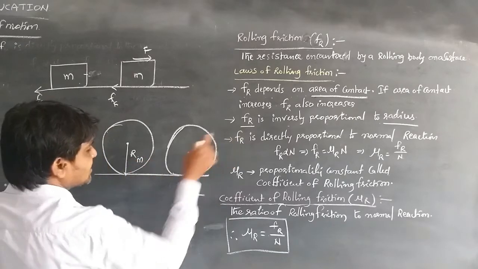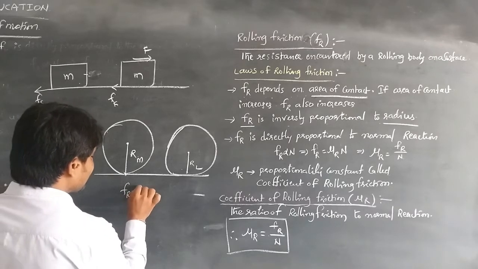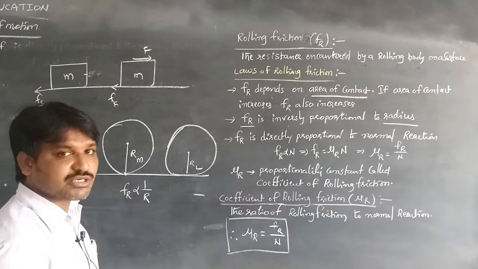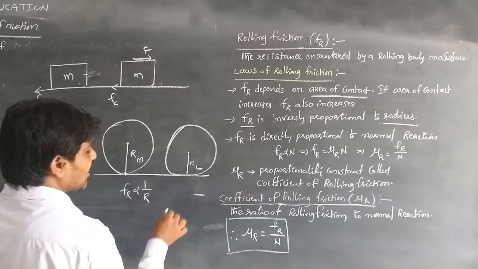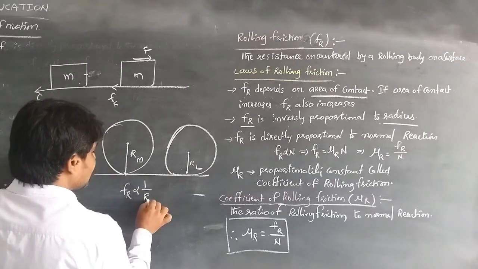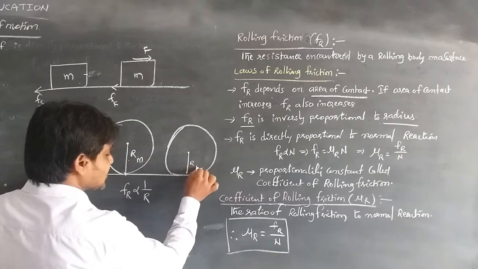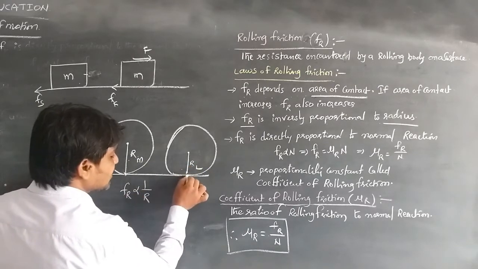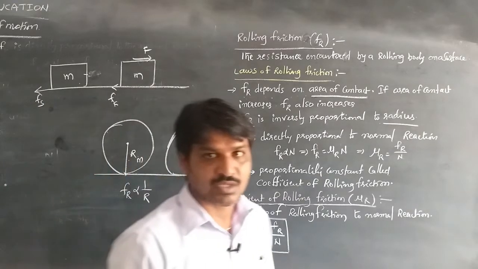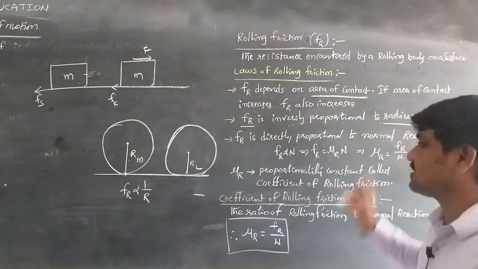So that's why we can say that Fr is inversely proportional to the radius of the rolling body. If the radius is more, the rolling friction is less. If the radius is less, the rolling friction is more, because the area of contact increases whenever the radius decreases. So we can say that the rolling friction is inversely proportional to the radius.